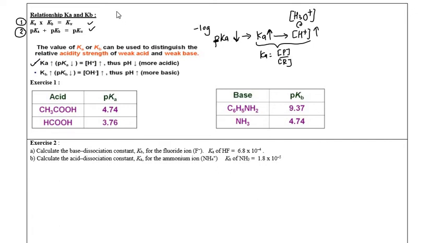Contoh, I have HF. Dissociate will become H plus and F minus. Look at this, H plus as your product. If you have ethanoic acid, dissociate will become CH3COO minus plus H plus. Again, your H plus as your product. That's why when your concentration H plus increases, as your product, Ka also increases.